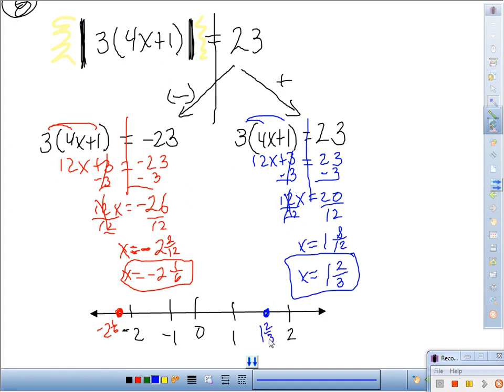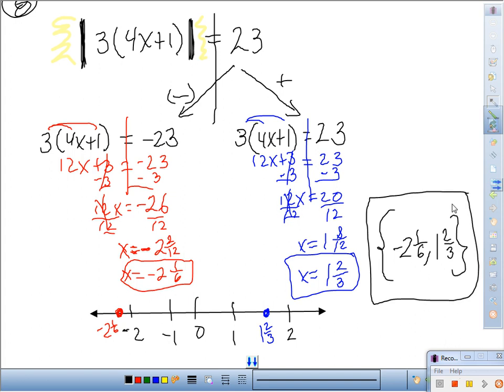All right. Am I done? What's the last thing, everyone? Solution set. What is our first solution? -2 and 1/6, comma, and 1 and 2/3. Copy that if you don't have it, please. I'll give you some time. Did that clarify a little bit? Yes? Okay, good.